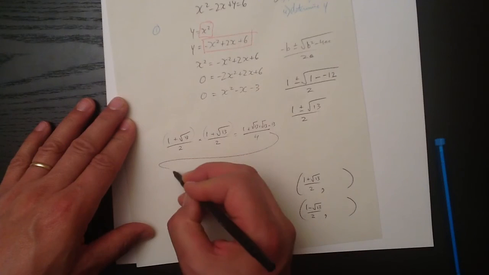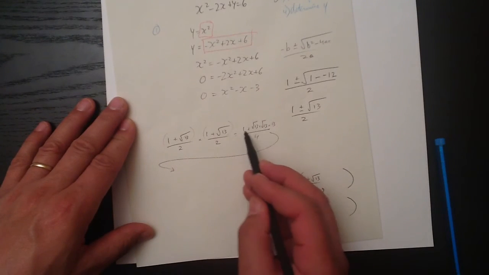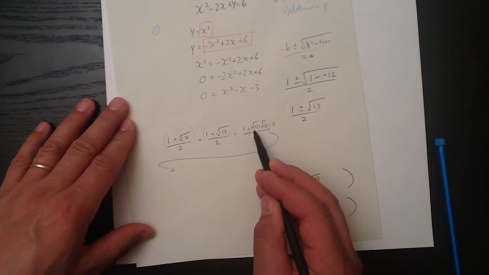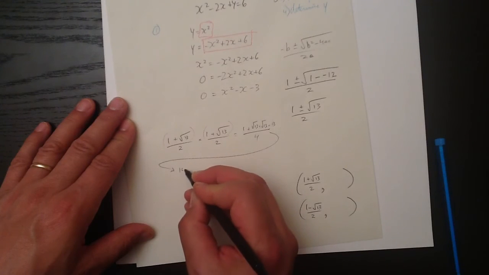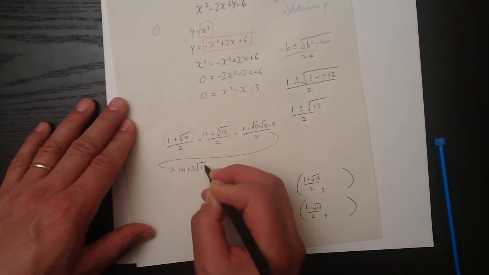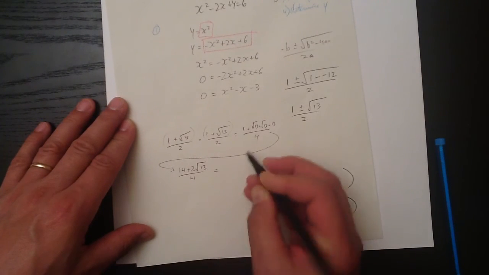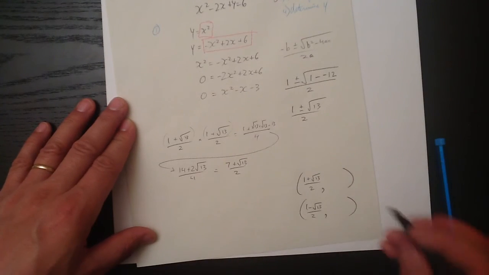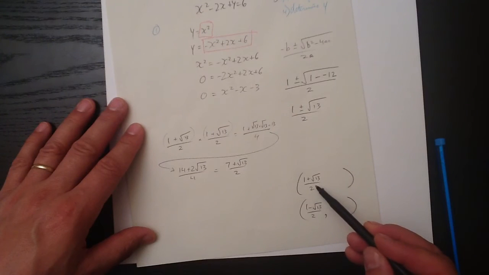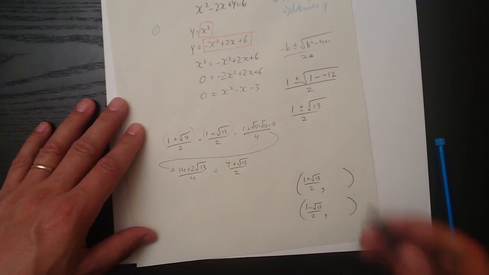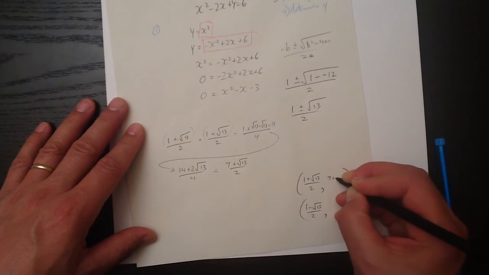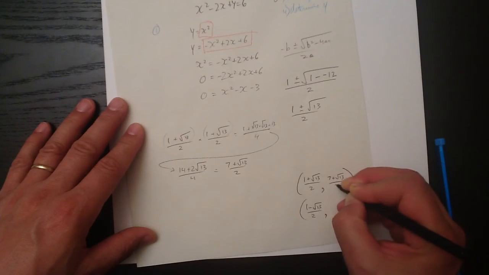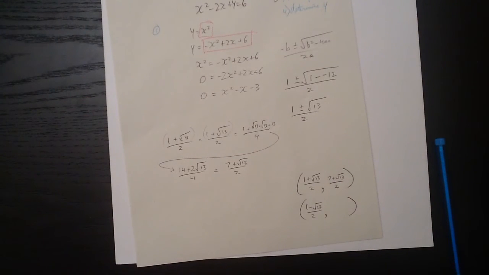So that is 1 plus 13 is 14, and there's 2 root 13, so 14 plus 2 root 13 over 4, which also equals 7 plus root 13 over 2. So that must be my answer, where this is my x, that's my y. That is ugly, but it has to be done.